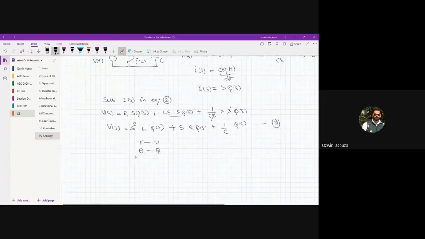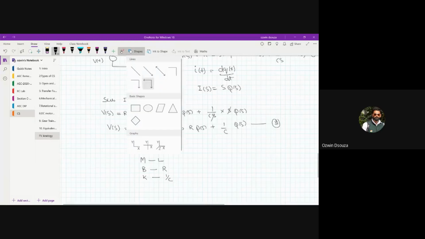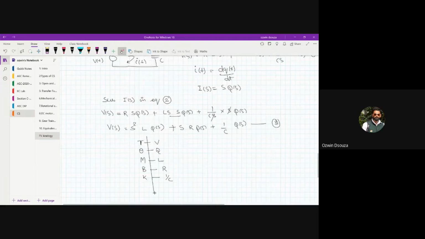Okay, similarly, against mass, you have inductance. Against friction, you have resistance. And against expansion coefficient, you have reciprocal of capacitance. Okay, so basically you will have a list of the counterparts of the respective systems, right? So for torque, you have voltage, hence it is called the TV analogy.